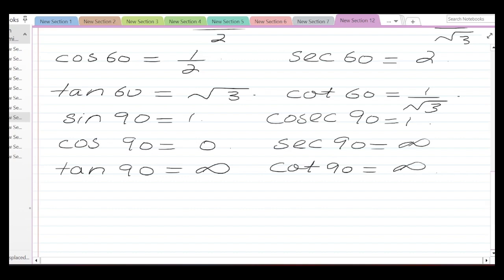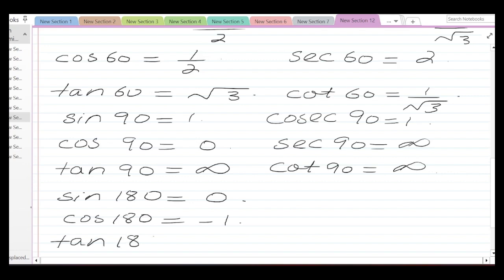Now we will do the same for 180 degrees. So we can write sine of 180 degrees, and that is equal to 0. The cos of 180 degrees is equal to negative 1. The tan of 180 degrees is equal to 0.